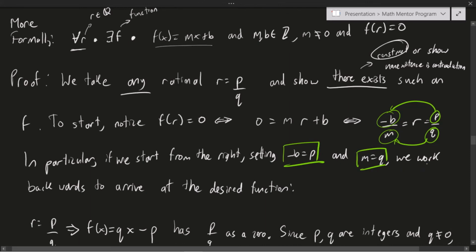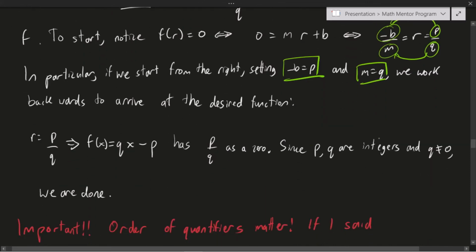And so we can actually work backwards now as follows. So my number r, which is p over q, will satisfy f of x equals qx minus p, and we'll also have p over q as a 0. Okay, and since p and q were integers, because remember m and b were also integers, and q is not equal to 0, we've actually finished, right?